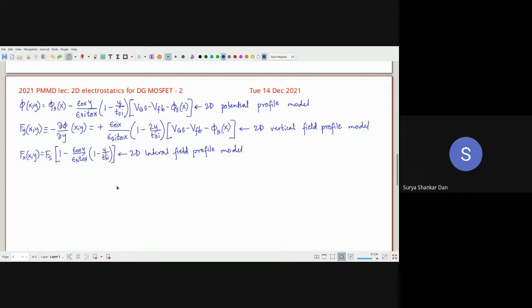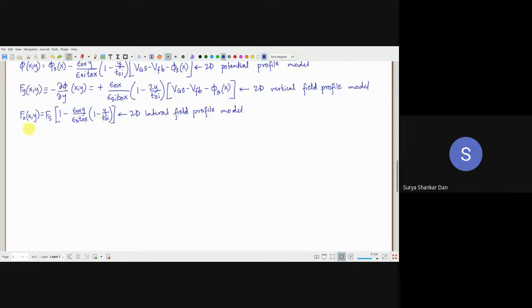So for that, we will again begin with the Poisson equation. I'll start with the fundamental one. This is Maxwell's first equation, also called the Poisson equation.